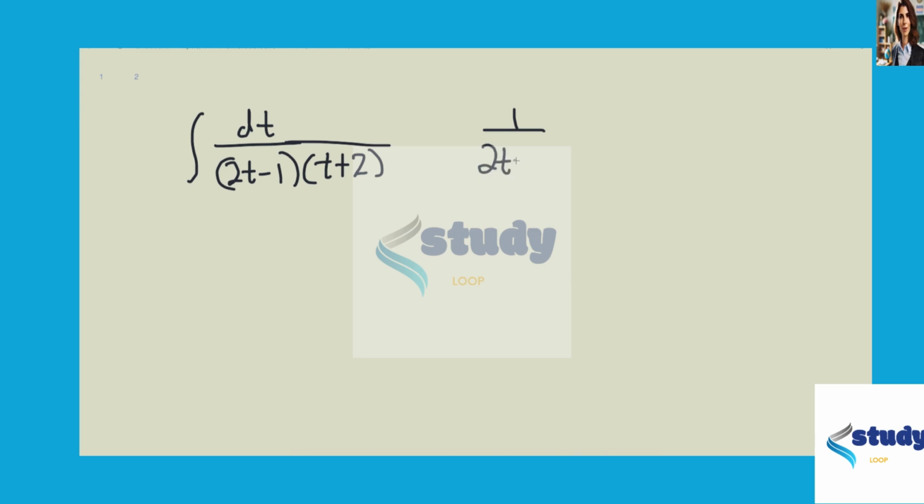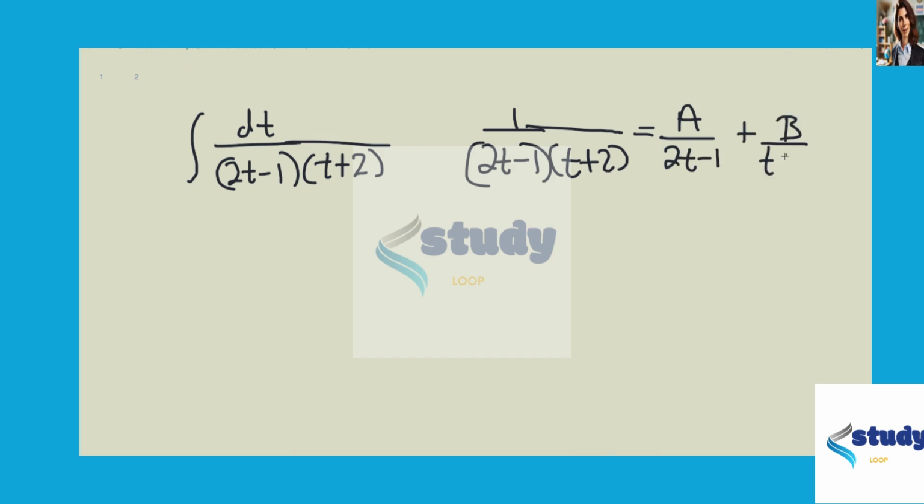1 over 2t minus 1 times t plus 2. This is A over 2t minus 1, and then B over t plus 2. So this is 1 equals A times t plus 2, plus B times 2t minus 1.